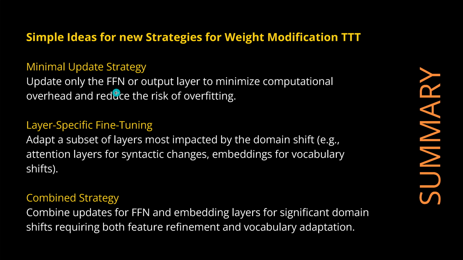Maybe only update the feed-forward network or the output layer to minimize the computational overhead, reduce the risk of overfitting. You might have to go for a layer-specific fine-tuning and add a subset of layers most impacted by this domain shift. And you can combine, of course, both, but then be aware that it will cost you more. You will have other coherence features that will come into play. So be careful that the domain shift is really only a slight domain shift.